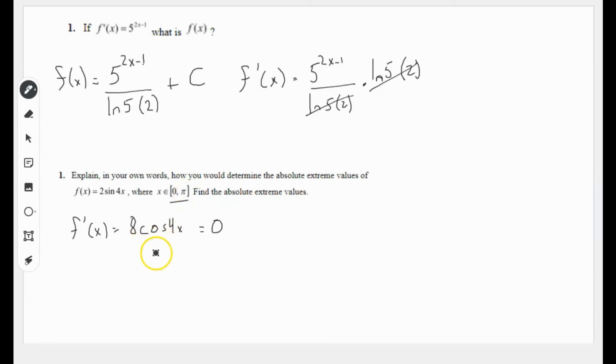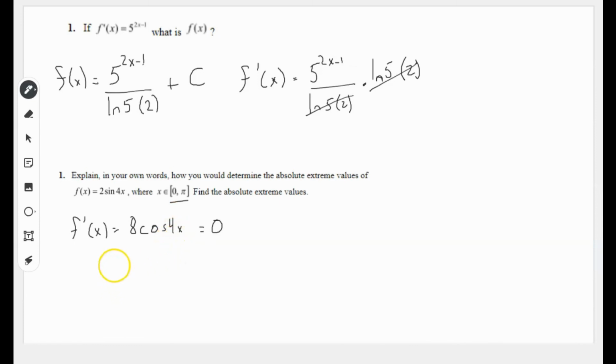So first, where is cos going to equal 0? Well, cos will equal 0 at pi over 2, right? Or at 3 pi over 2, right? And so on and so on and so on. But we also have the cos of 4x. So when are we first going to get pi over 2?